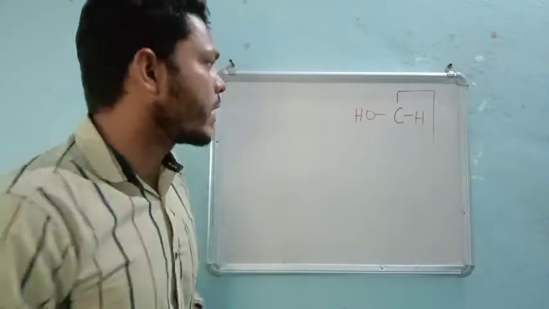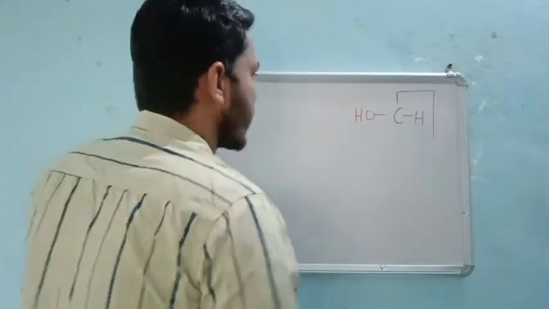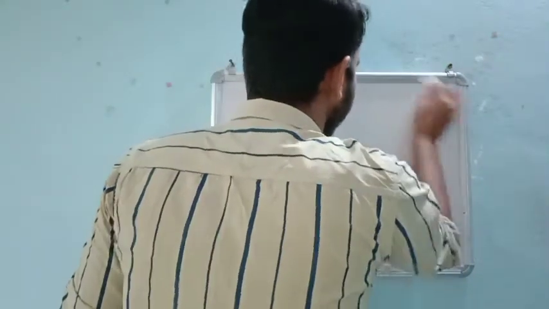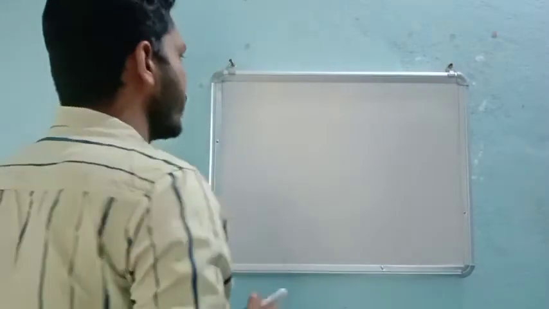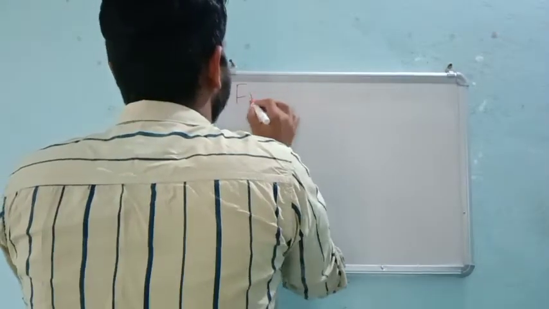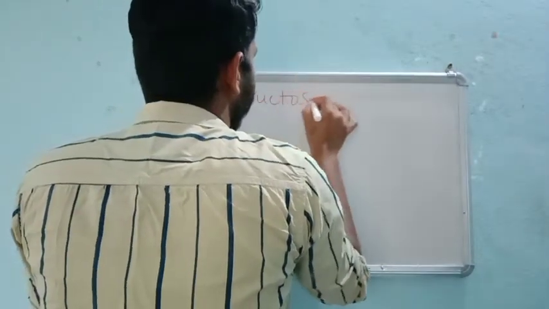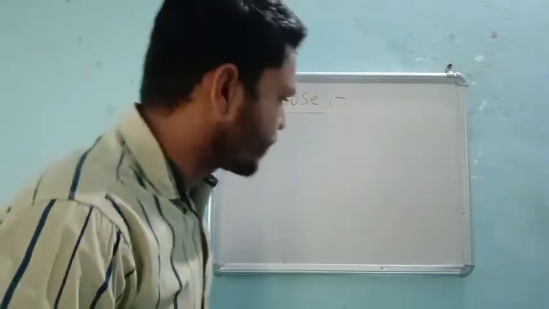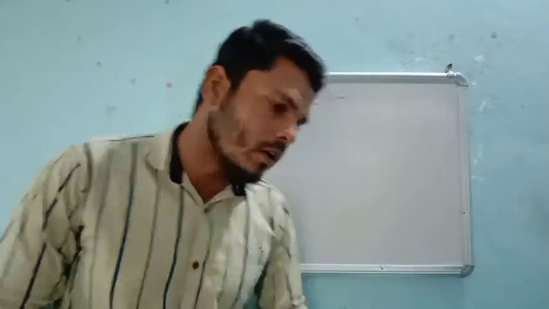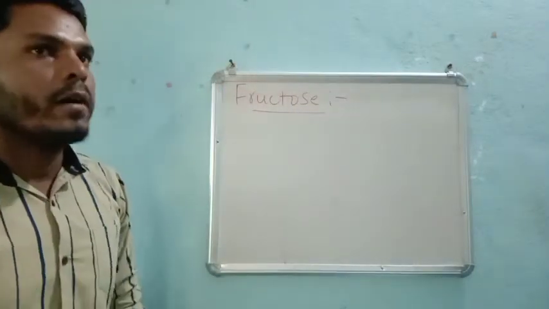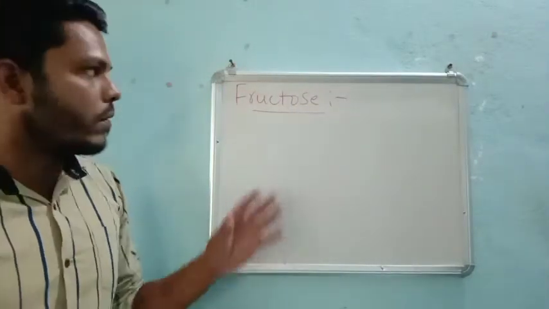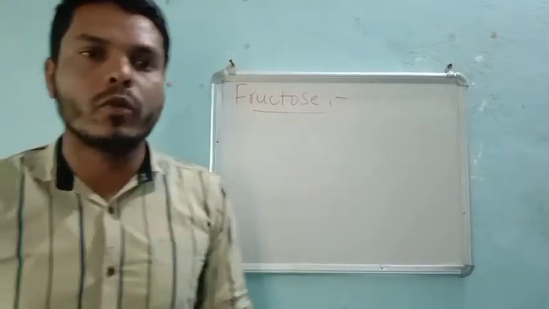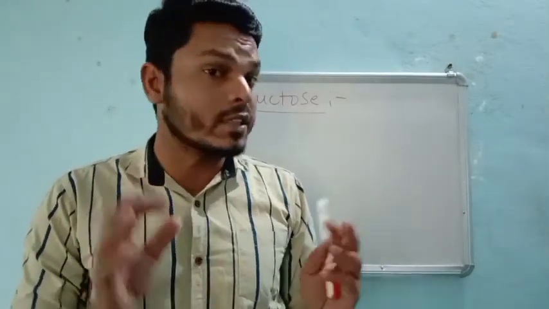Now the next part is one more monosaccharide, that is fructose. I will just give an idea about fructose in this class, and in a later class we will go into detail. Fructose is one more monosaccharide, and the molecular formula of glucose as well as fructose is the same.